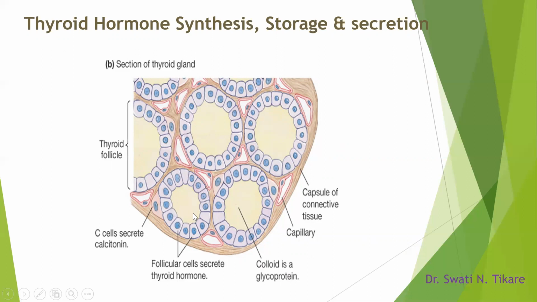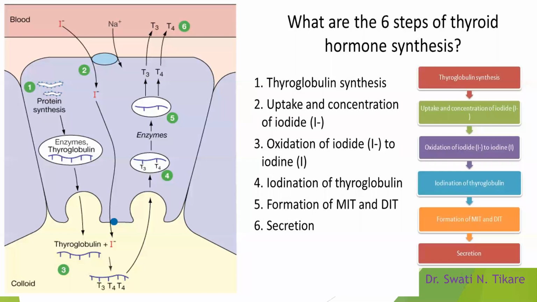Let's see more in detail about this structure and how the synthesis happens. First we will see in brief. Initially, if we go very much into detail, it will be difficult. So we learn the steps in brief, then we will learn a little more detail in the next slide.